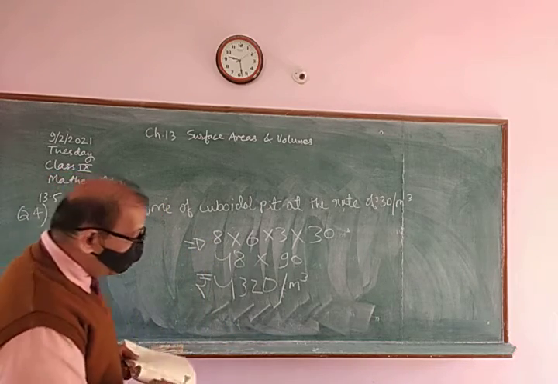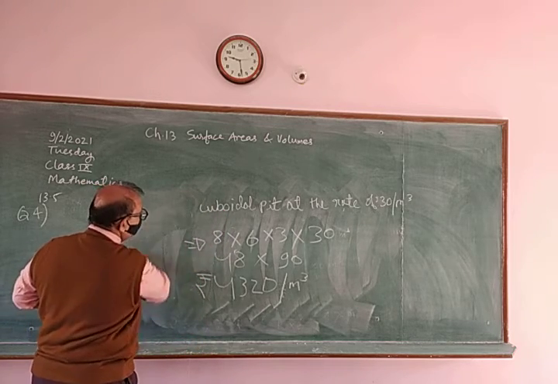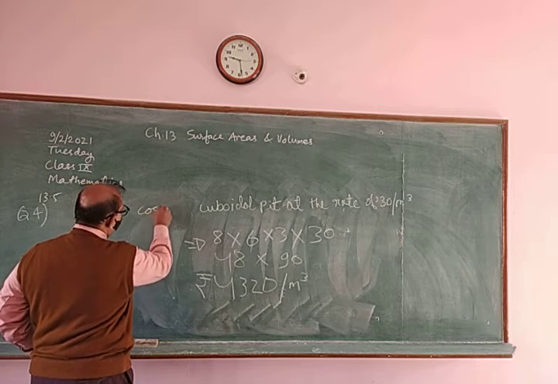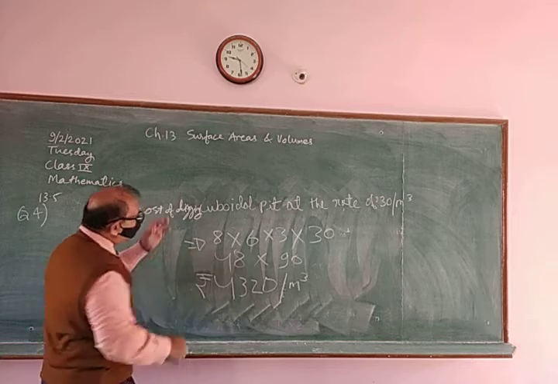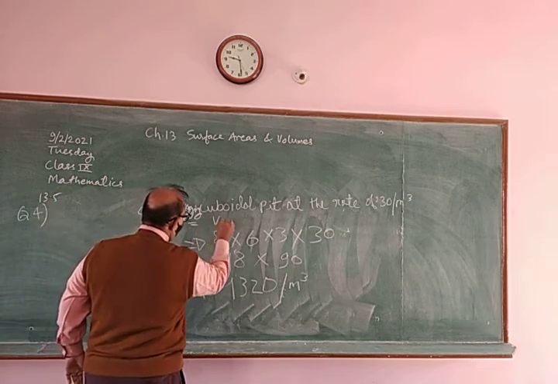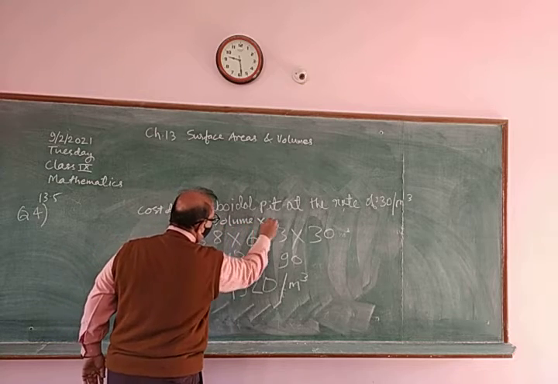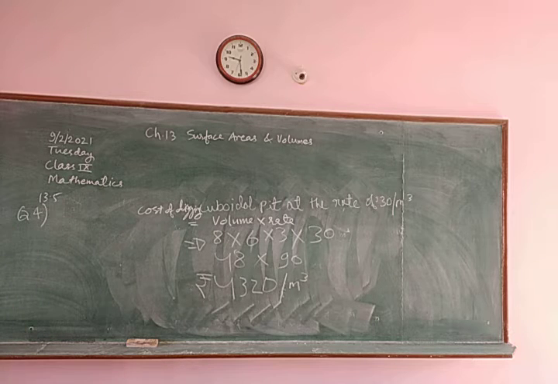So what you write here? Cost of digging cuboidal pit at the rate of rupees 30 per cubic meter is equal to volume into rate.